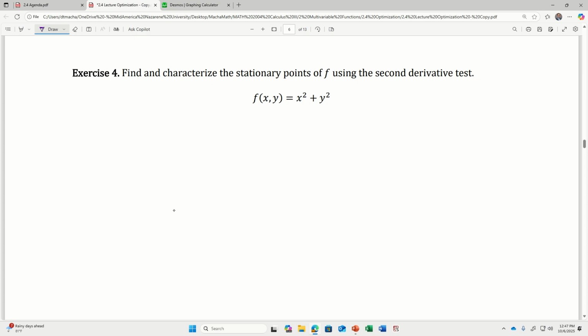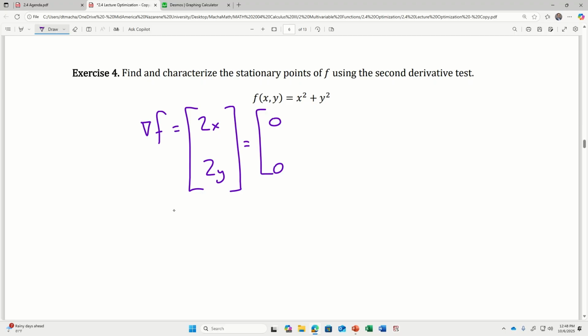Find and characterize the stationary points of f using the second derivative test. So stationary points are where my gradient is equal to 0. And the gradient is the partial with respect to x and the partial with respect to y. Set that equal to 0.